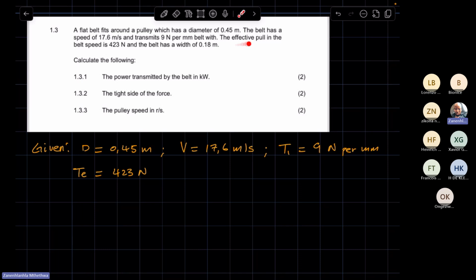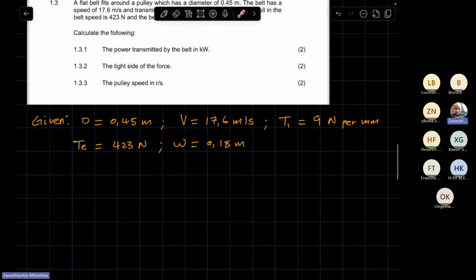We know that as far as effective tension or any effective pull, they're referring to the effective tension. So the effective tension here essentially is the 423 newtons, and the belt has a width, so we've been given the width of the belt, which is 0.18 meters. So that is all that we've been given.